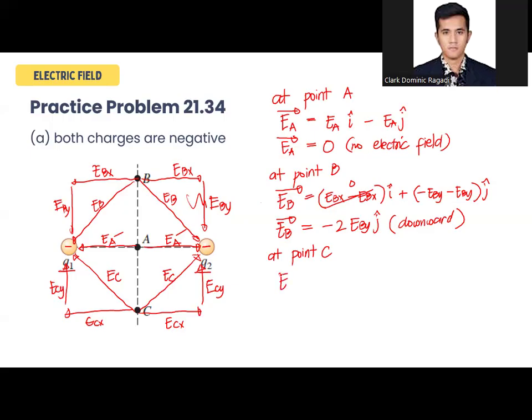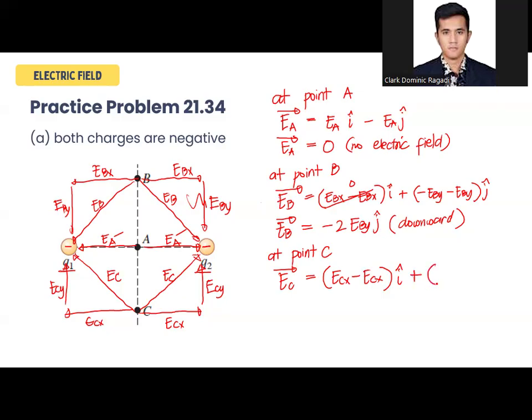So vector EC is equivalent to the sum of the x components. The x component of the electric field due to Q2 at C is positive, going to the right, ECX. On the other side, it's going to the left, so that's negative ECX. Let's not forget the unit vector, plus our y components.